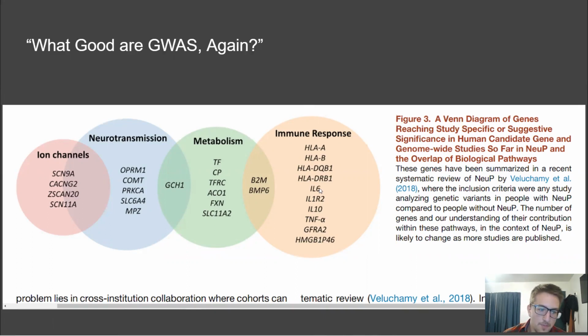The reason GWAS is so good at finding the minute associations is because most people don't look for metabolism genes and immune response genes when they're talking about chronic pain. They're looking at the neurotransmission and ion channel genes.